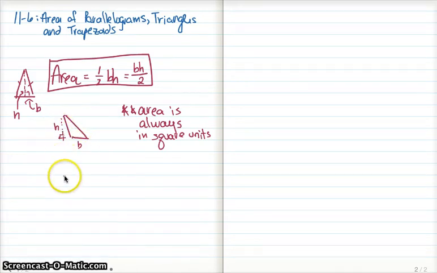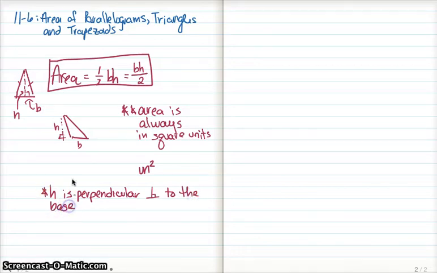With centimeters, your area would be centimeters squared or square centimeters. So area is denoted like this, units squared, but that is not true for your other lengths. I am just going to make a little note that the height is perpendicular to the base, and that means it forms a right angle.